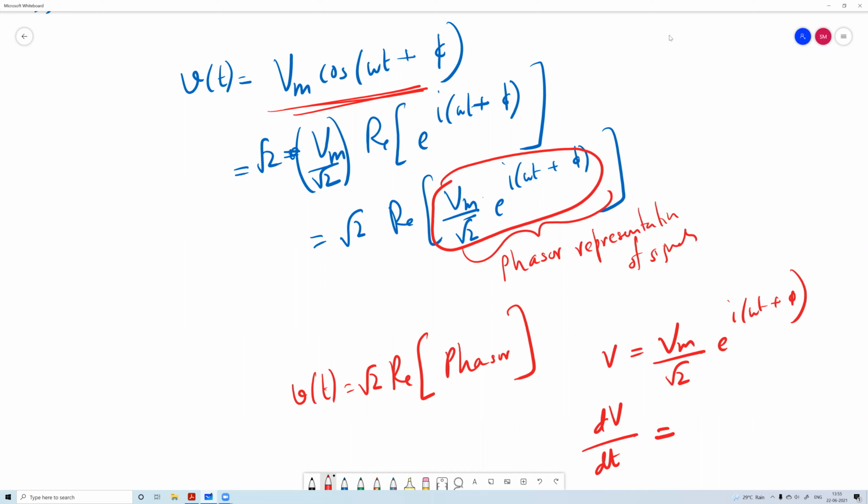Vm by root 2, then into i omega, very good, then into e to the power i(omega t plus phi). Very good, well done. All of you agree? Yes, sir.